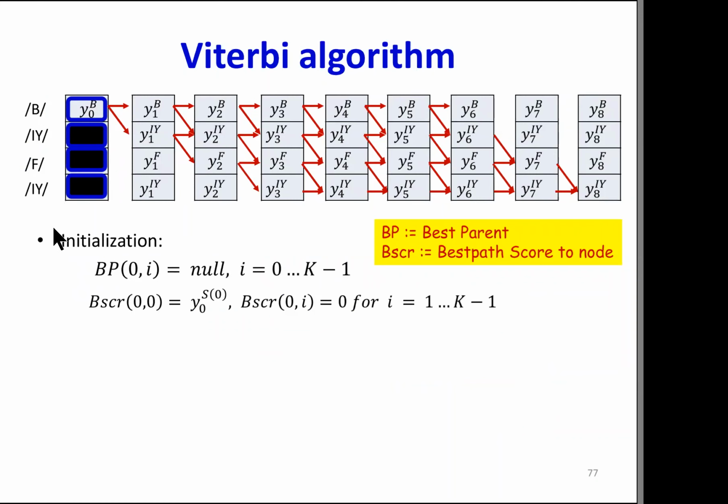Now let's start at the leftmost column. The leftmost column corresponds to input X0, right? So X0 must be aligned to B. We know this, which means that the probabilities of the best path to these 3 nodes are all 0, simply because none of these nodes correspond to an alignment of X0 to B. That making sense?